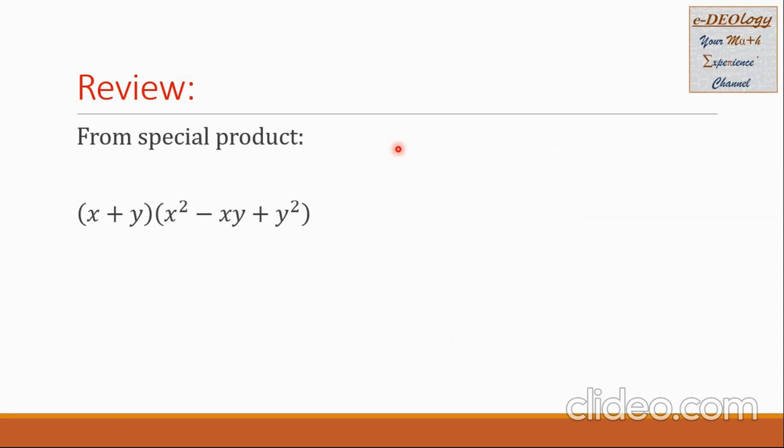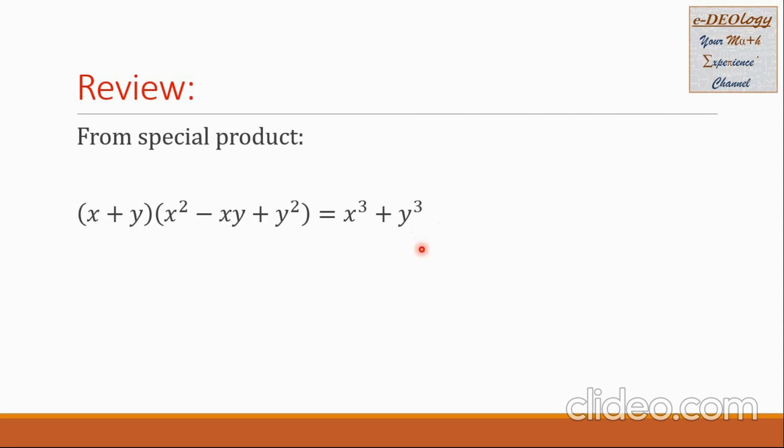First, let us review our special product when we multiply a binomial times a trinomial of this form. So x plus y times x squared minus xy plus y squared. The product is x cubed plus y cubed.